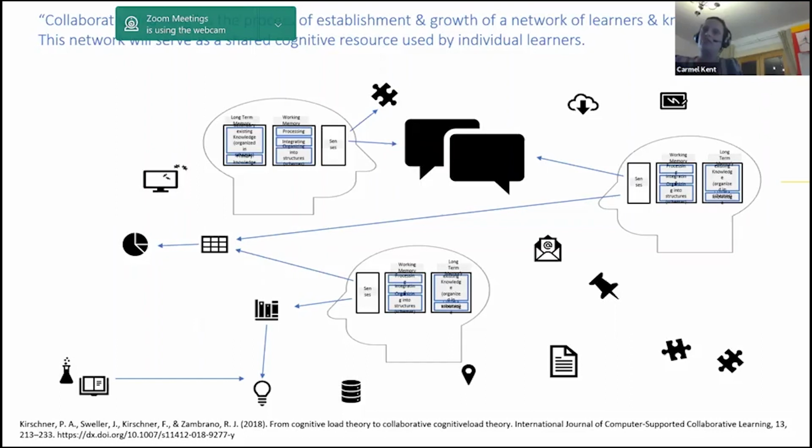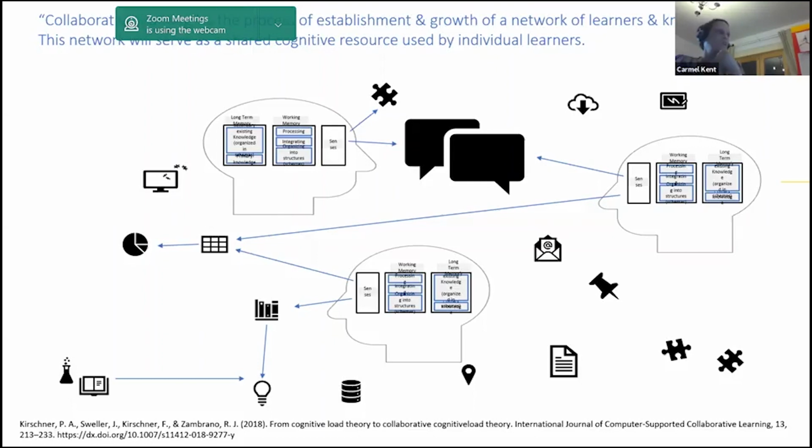And so the main effect of collaboration on the individual learning is mainly achieved by essentially affording more resources, because we have the whole group's cognitions to use in that sense. And the effectiveness of collaborations, when looking from the collaborative cognitive load theory, is measured by the performance of individuals.